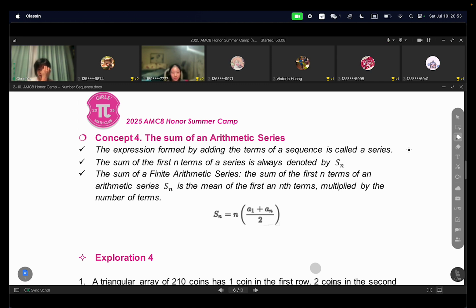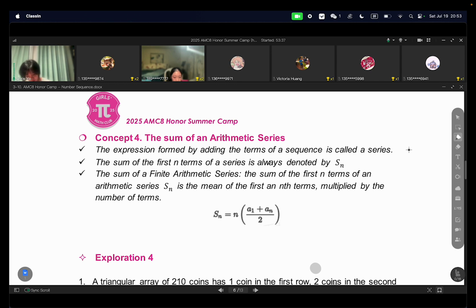So the expression formed by adding the terms of a sequence is called a series, which is denoted by S. The sum of the first n terms is going to be denoted by Sn, and the sum of the first n terms of an arithmetic series is the average of the first n terms multiplied by the number of terms.